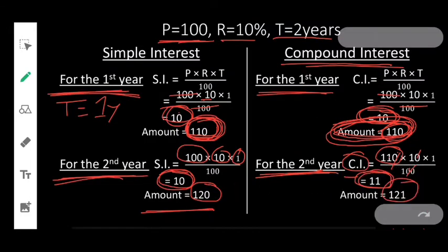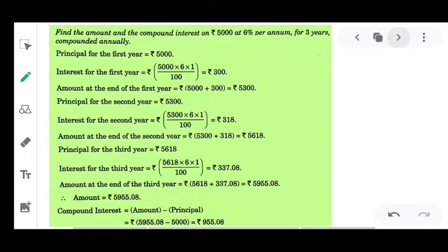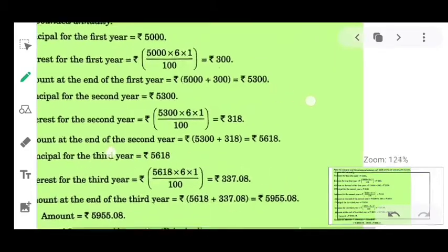So simple interest is always calculated on the original principal, that is 100 rupees, whereas compound interest is calculated on the principal value as well as the accumulated interest. When we calculate the compound interest for the third year, the amount at the end of second year will be taken as the principal for the third year. Clear?